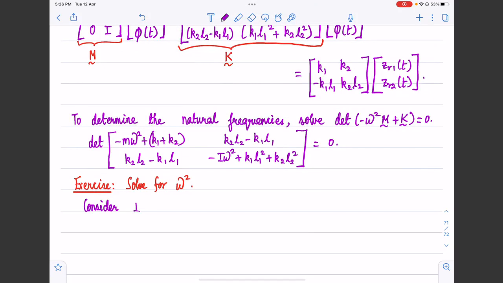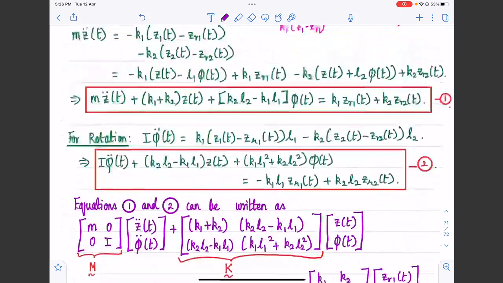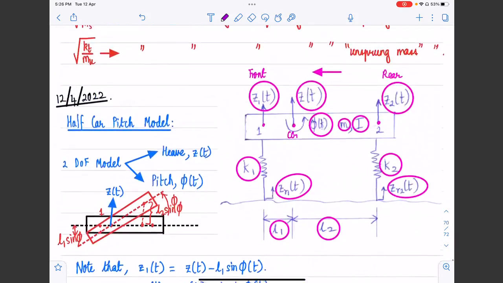So, let us say we consider a special case where the pitch moment of inertia is the product of M, L1 and L2. Sorry about that. So what are L1 and L2? If we recall, M is the mass of the sprung mass, right?